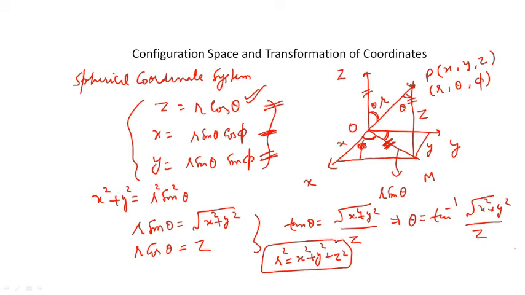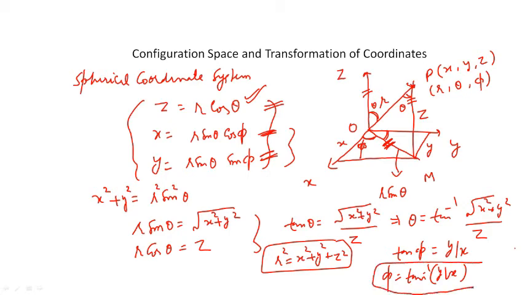The other relation you can find here, if you see these two equations again, is tan phi is equal to y upon x, or phi is equal to tan inverse y upon x.